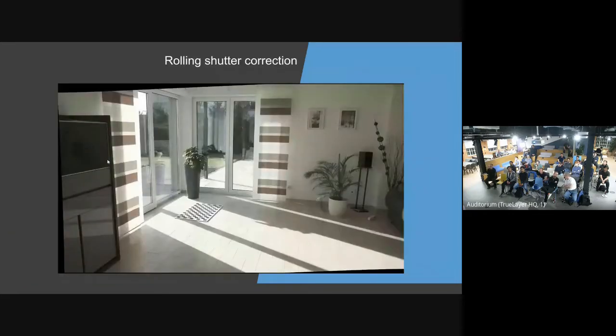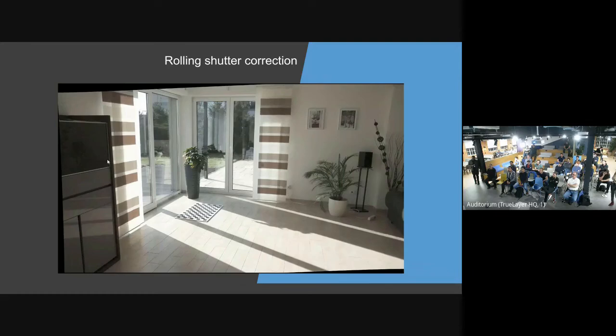All right, so another thing that is very important for stabilization is rolling shutter correction. That was not implemented in the Python version. That was one of the drawbacks of the previous implementation. And it's really essential for some cameras, because when the camera is capturing the video, it's not capturing all of the pixels at once, but it's actually going from the top row to the bottom row.